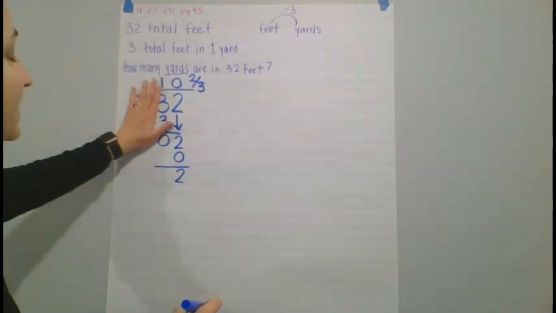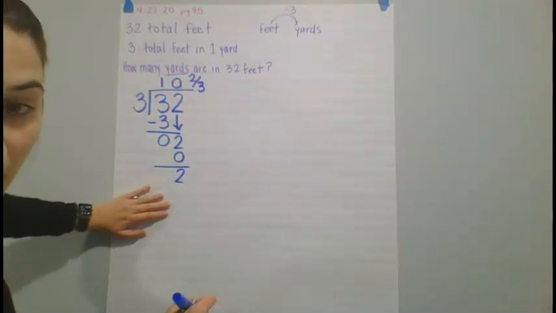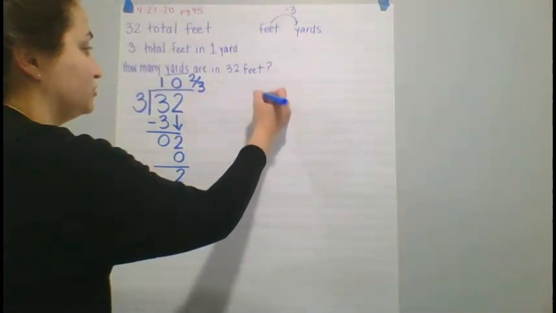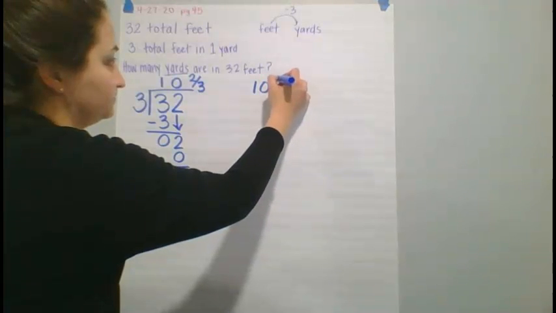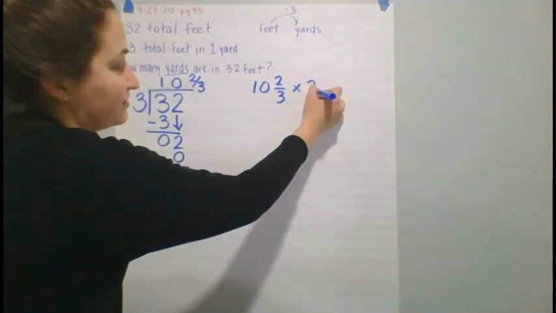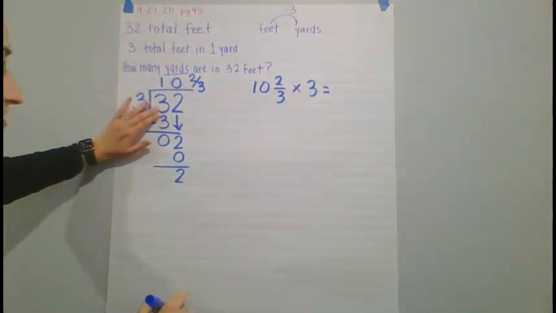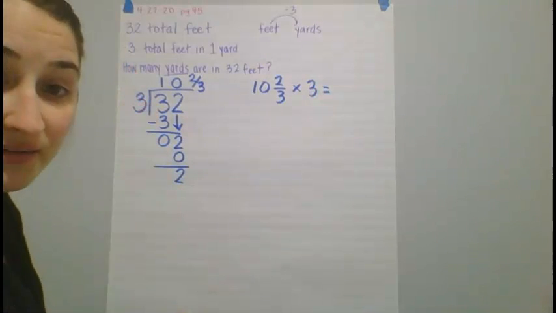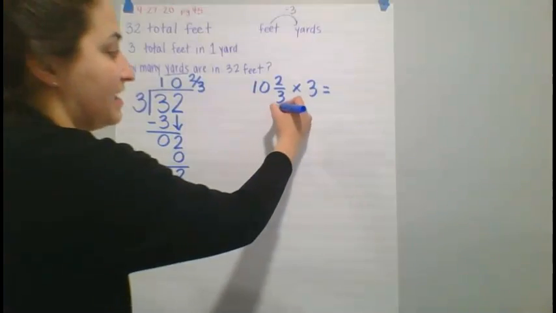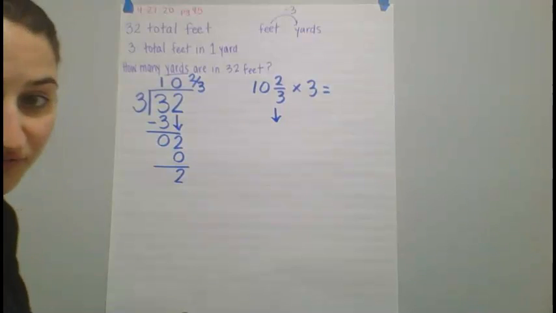So taking a look at this, we want to make sure we check our work. We're going to take our 10 2/3 and we're going to multiply that by 3 to hopefully get 32. But make sure that when we're multiplying a mixed number, this becomes an improper fraction.